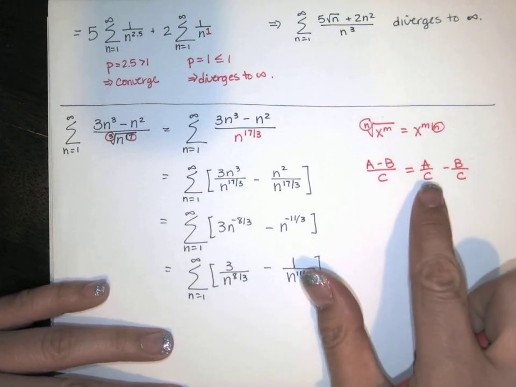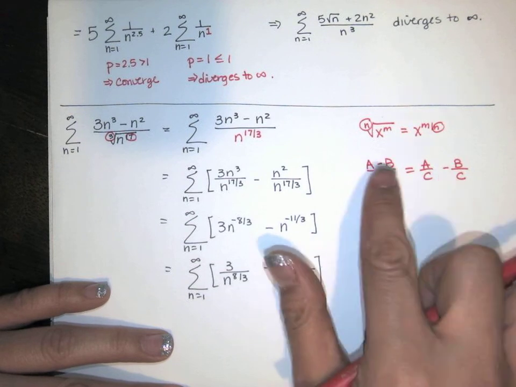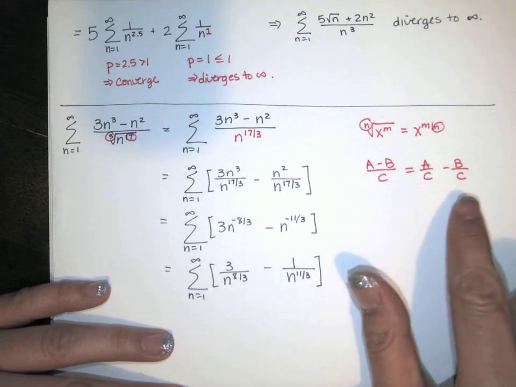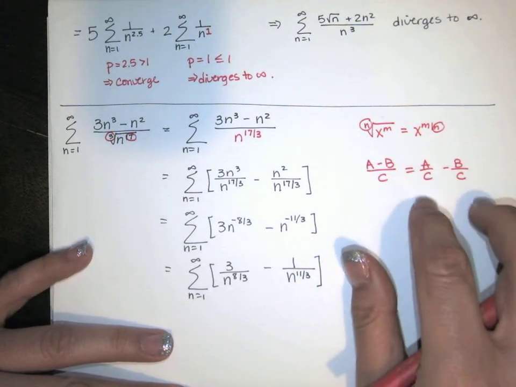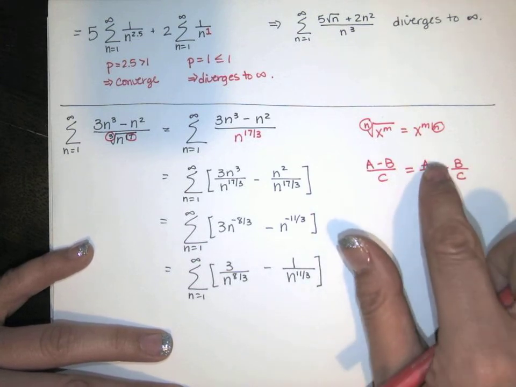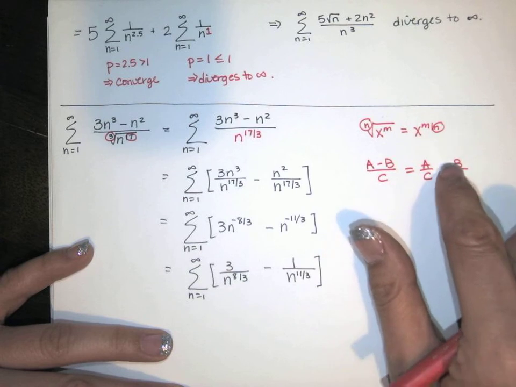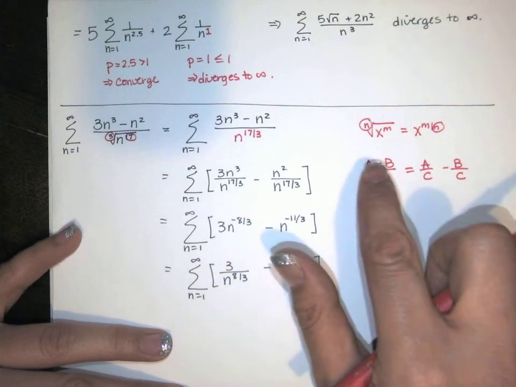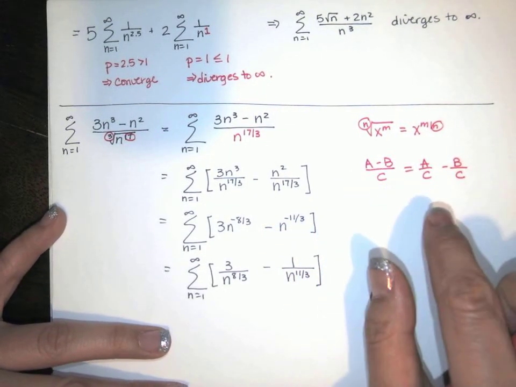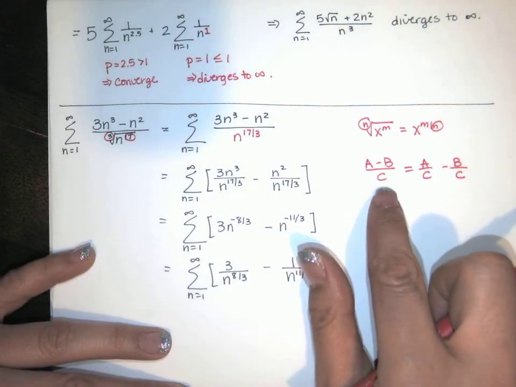Remember, back when we learned about fractions, I've got two fractions with the same denominators. I subtract the numerators. Like these are the same size parts out of a whole. If I've got a of those parts minus b of those parts, I just subtract the a and the b, and these parts are still all the same size. So the common denominator c is the same.